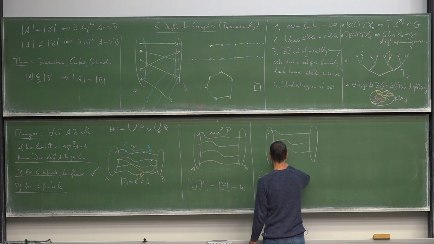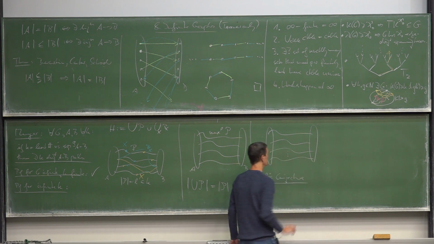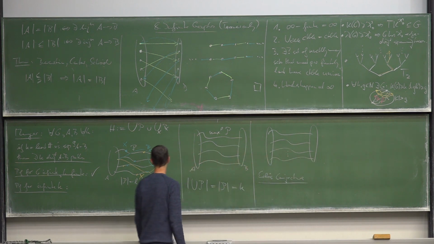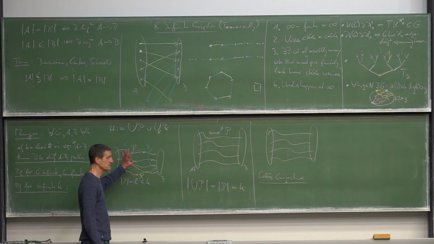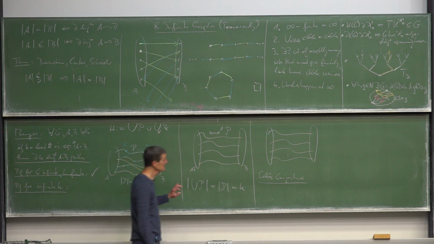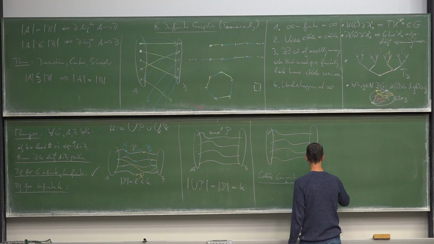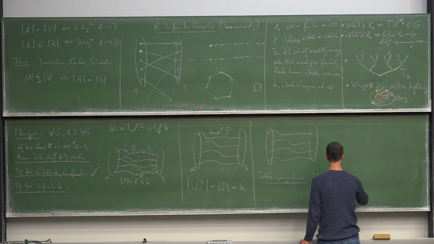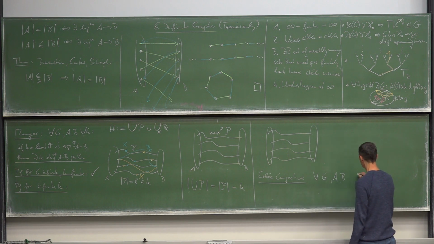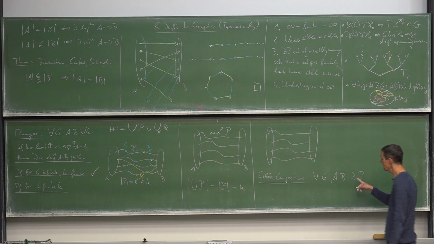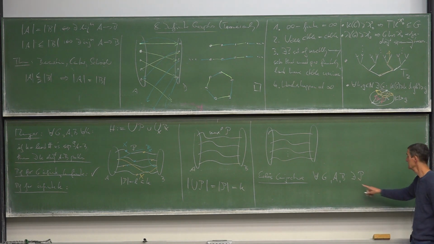And it's just a structural version of Menger, one that avoids speaking of cardinalities. And it says, for every G and vertex sets A and B, there exist two things.